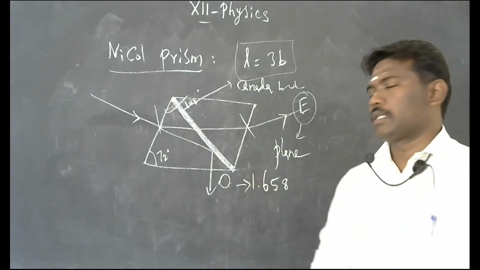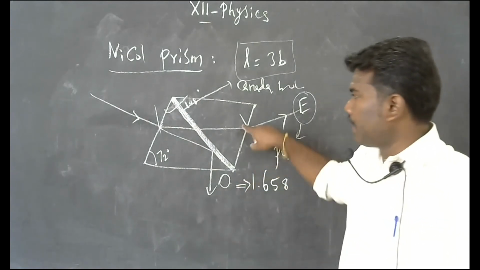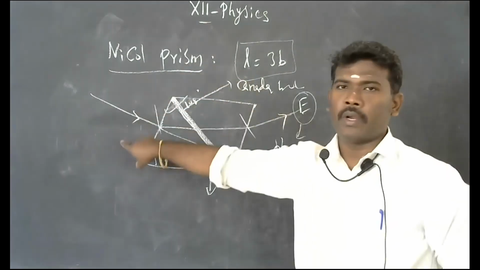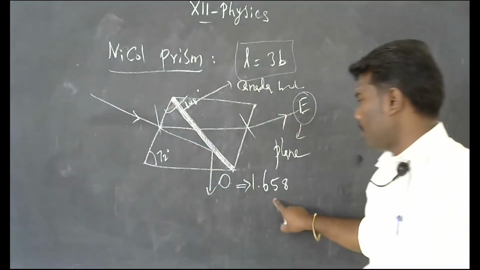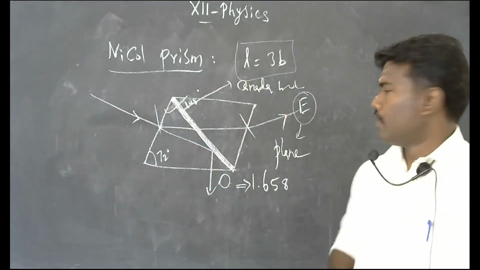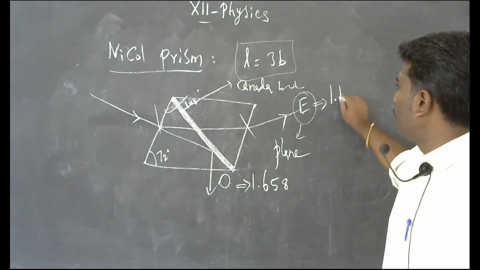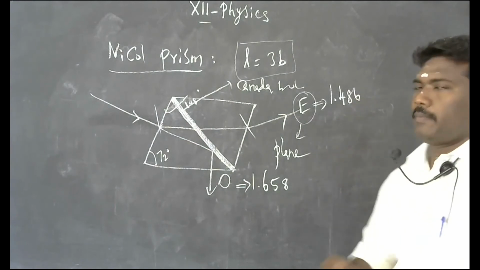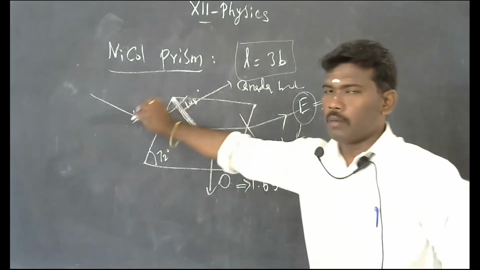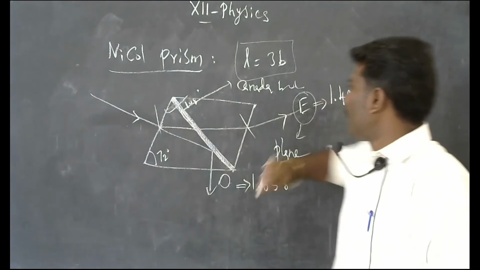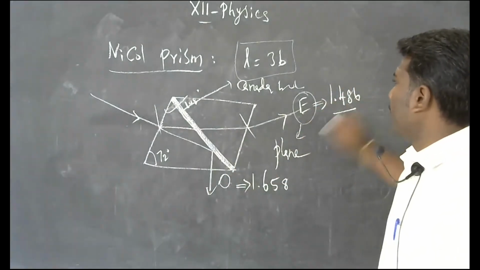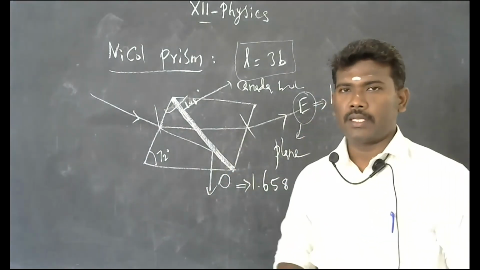The refractive index of the ordinary light ray inside the calcite crystal for the sodium lamp is 1.658. For the extraordinary light ray, the refractive index value is 1.486. For the extraordinary light ray, the refractive index value is 1.486.